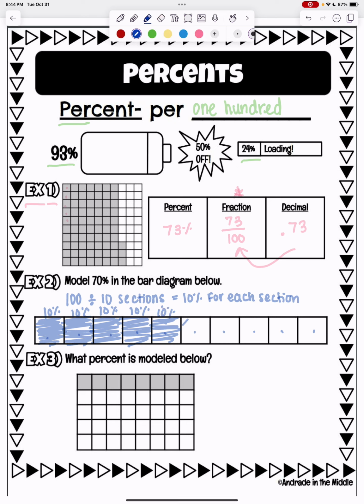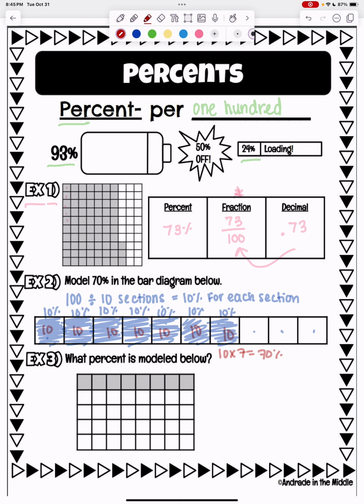This is 50, 60, and then 70%. That total there is 70%. I'm left over with 30% because 30% wasn't used. This whole thing here is 10%, because it's going by 10. So this is 10, 10, 10, 10, 10, 10, and 10. 10 times 7 is 70%. That's another way you can do it, using multiplication.